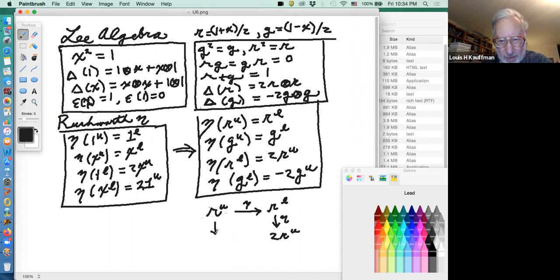Now, here you're going to do a delta, and delta of RU is 2RU tensor RU. And then you're going to do a multiply, and R times R is R, so RU times RU is RU, and so this commutes, you see? So I'll just put a little check mark next to that, and you can have fun doing the other exercises that show you that all the problem squares will be working out correctly this way.